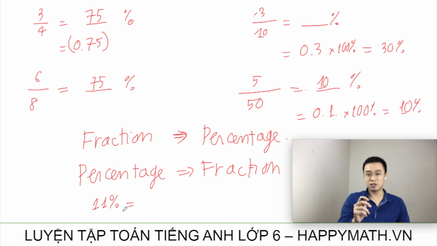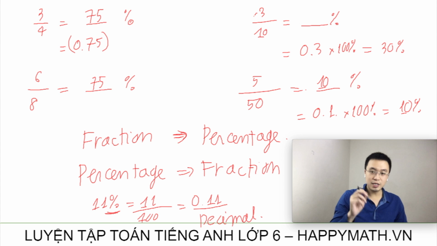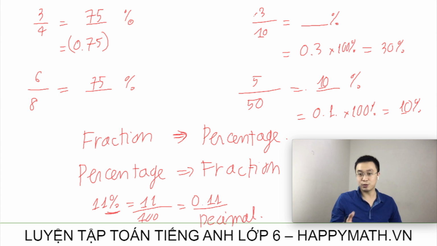You just change the percent sign to 11 per 100. From this form of fraction, it's quite easy to write it down as 0.11, and this one we call a decimal. Very easy, we can change from the percentage to the fraction. Just take that number and divide by 100, that's all.